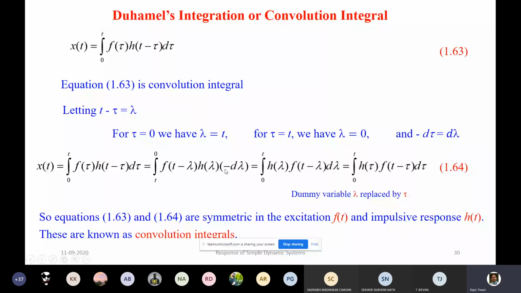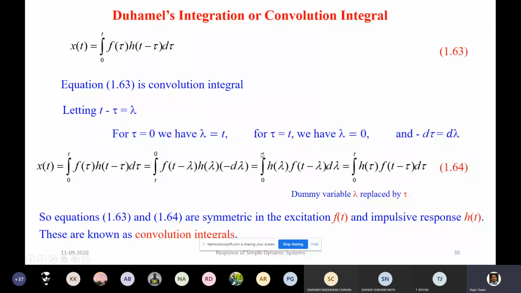If we simplify this, you can bring the h first, f second. Here, this negative sign has been absorbed by changing the limits. You can see the limits were t to 0, so that has been changed, and the negative has been taken care of there.